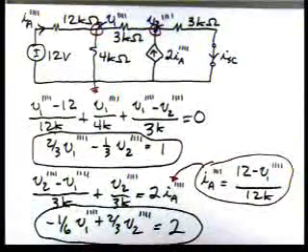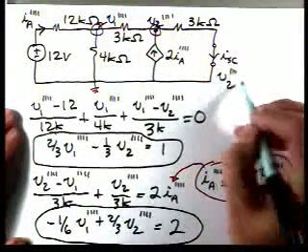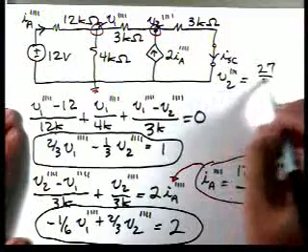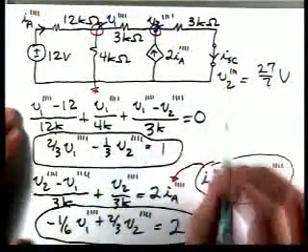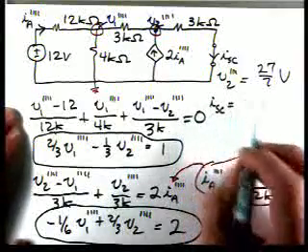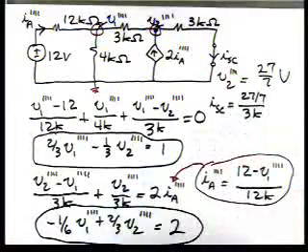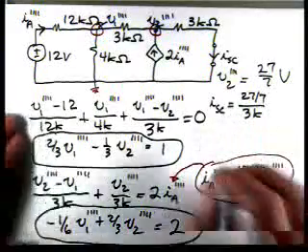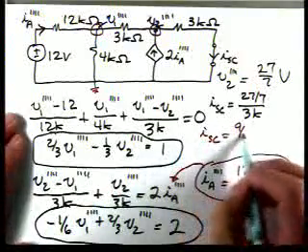Now if we solve, we get V2 quadruple prime is 27 over 7 volts. So then I short circuit is 27 over 7 divided by 3K. So I short circuit then becomes 9/7 of a milliamp.